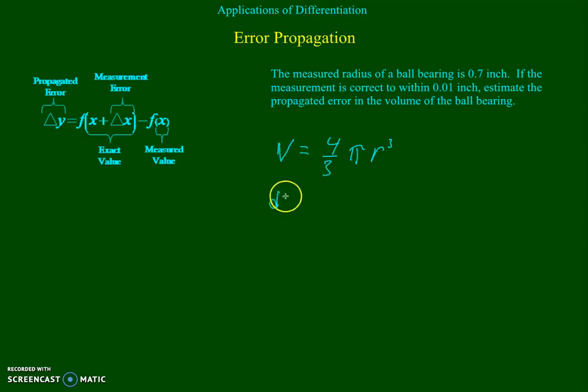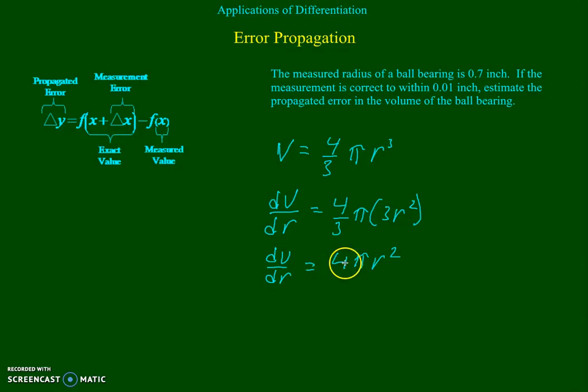So dV with respect to the radius, dr, equals, we're going to differentiate this. So we have 4/3 pi times 3r squared. This simplifies to 4 pi r squared. And that's, of course, equal to dV dr.